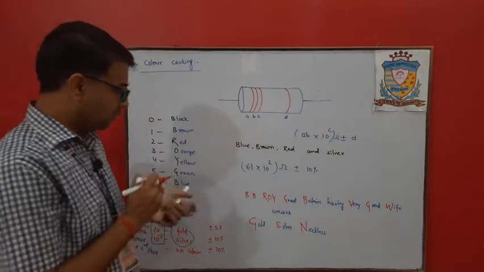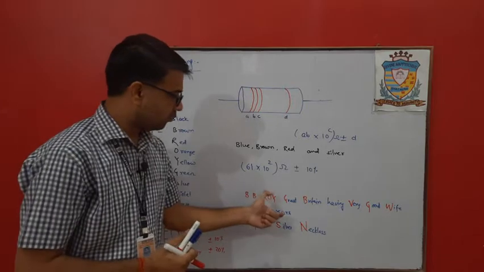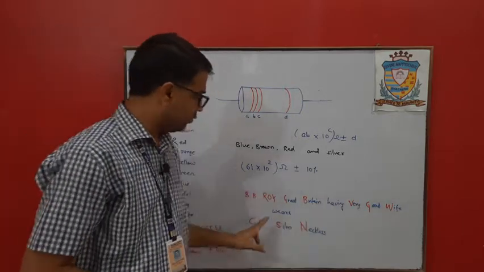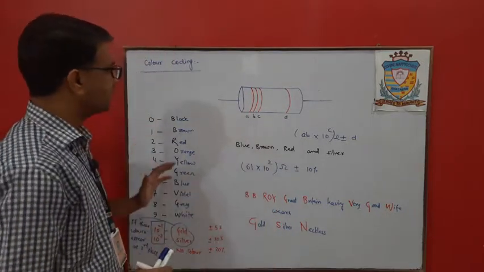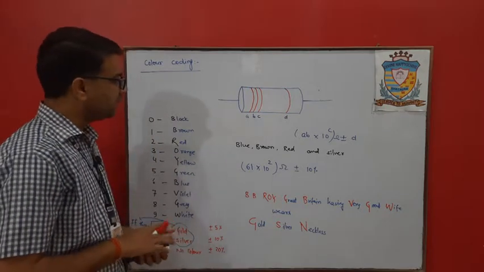Clear? So only memorize the red part. The red part is for our use. So B.B. Roy, Great Britain, having very good wife, wears gold silver necklace. Clear? Now we'll solve some basic numericals to understand the color coding of any carbon resistor.